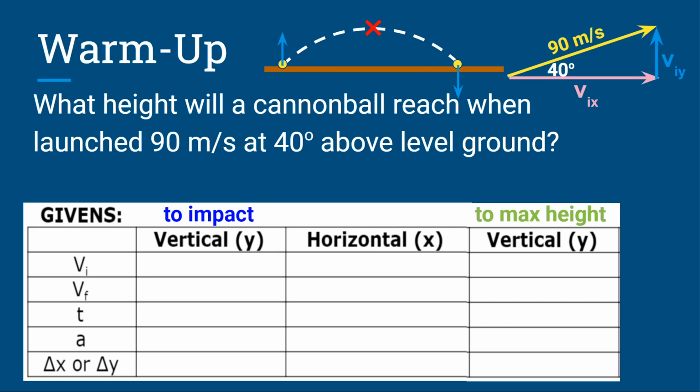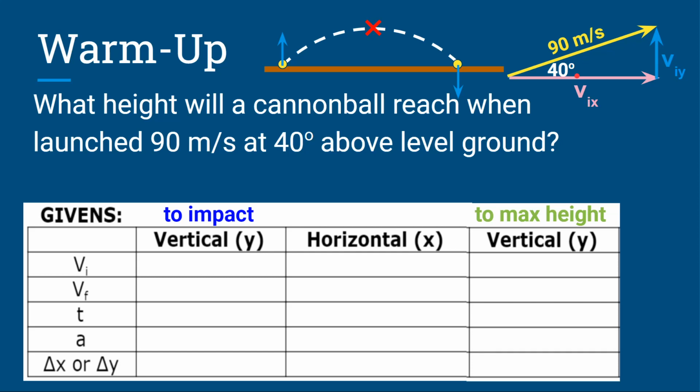Okay, again, one of the first things that you need to do if you have something launched at an angle is to get the components. So it would help to start by drawing a triangle like this one. The question said that it's launched 40 degrees above the ground, so you'll notice I've labeled this as a 40-degree angle with the horizontal because the ground is, of course, horizontal.